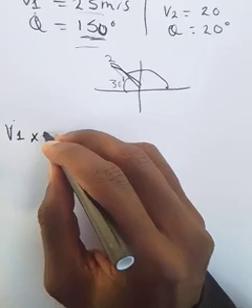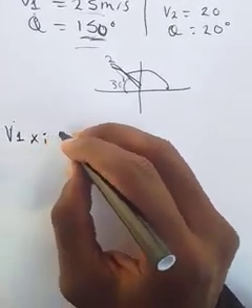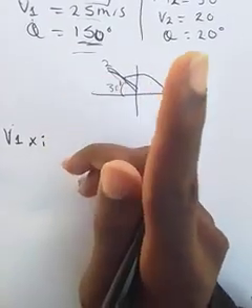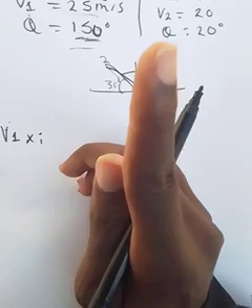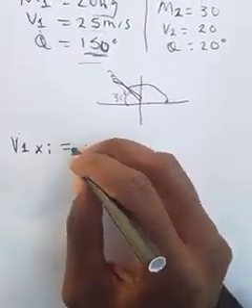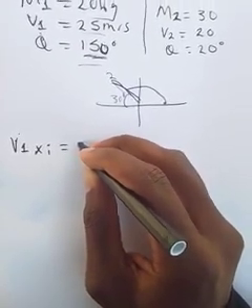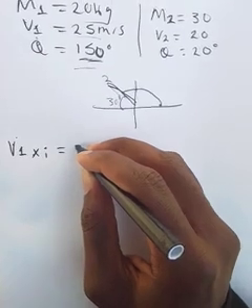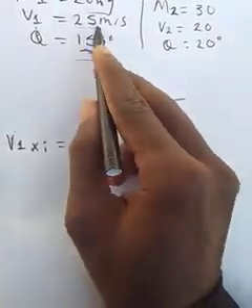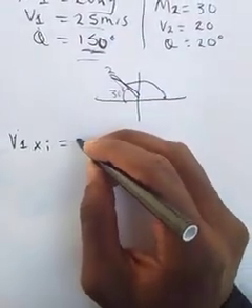I've put the i to show that this is the component of the initial velocity, because we'll be finding the components for the final velocity. So how do you find the component in the x-axis? You take the velocity times the angle.